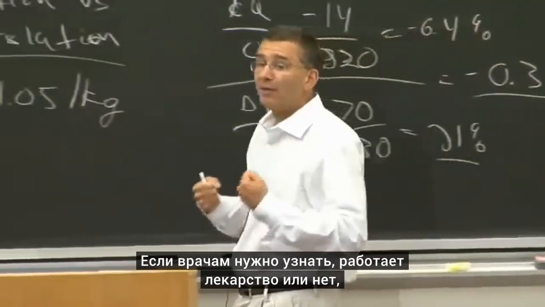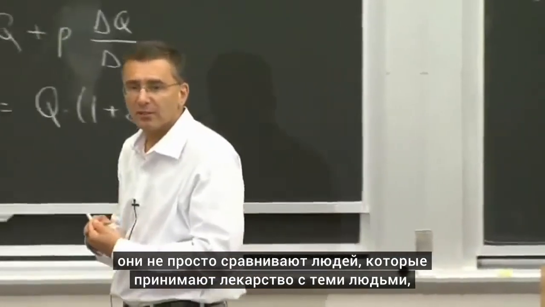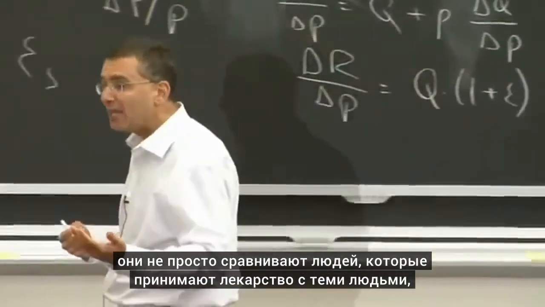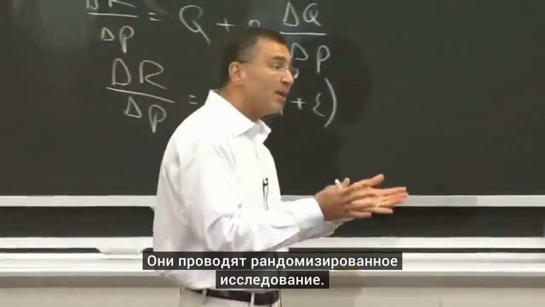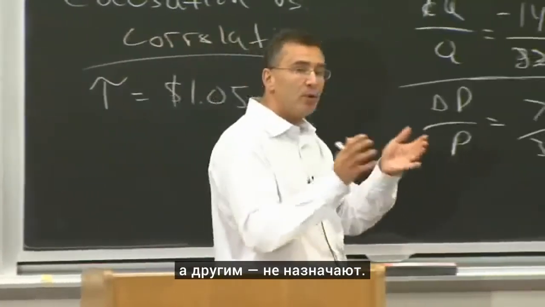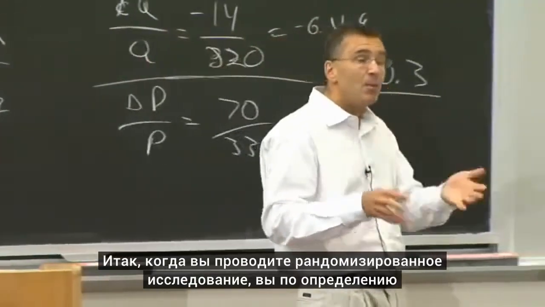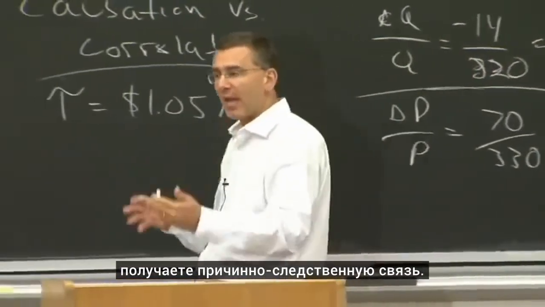If doctors want to figure out whether a drug works or not, they don't just look at guys who take the drug versus guys who don't. They run a randomized trial. They randomly assign some people to take the drug and some people not. Now, when you run a randomized trial, by definition, you get a causal effect.